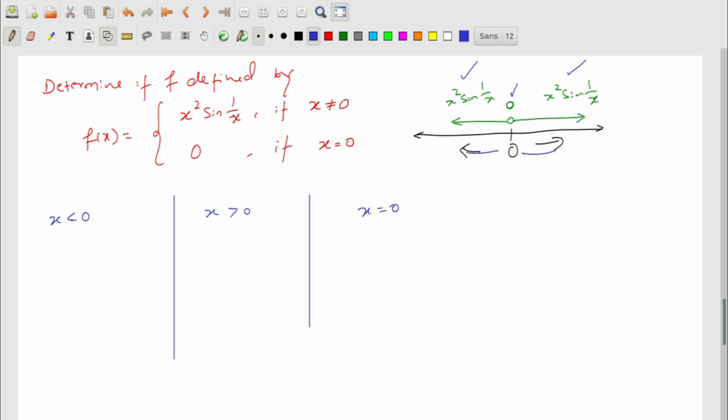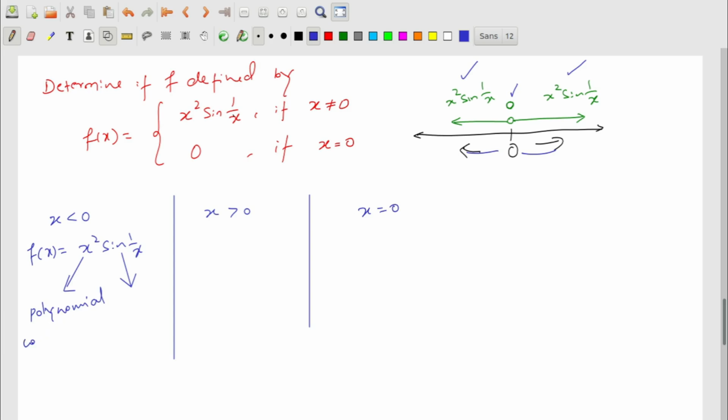If you take x less than 0, we know the value of the function is x square sine of 1 by x, right? By using the algebra of continuity, if x square is continuous and sine of 1 by x is continuous, then the product of these two is also continuous. X square is a polynomial expression and we know polynomial is a continuous function, right?